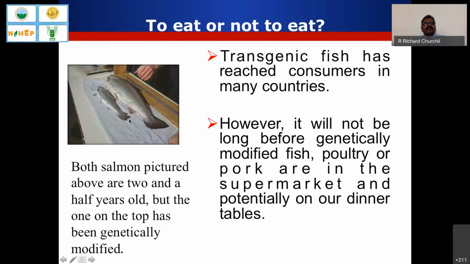This transgenic fish has an insert from another species of fish which switches on the growth hormone in these transgenic fish. So even if the environment is harsh, the temperature is very cold or non-conducive, the fish grows.